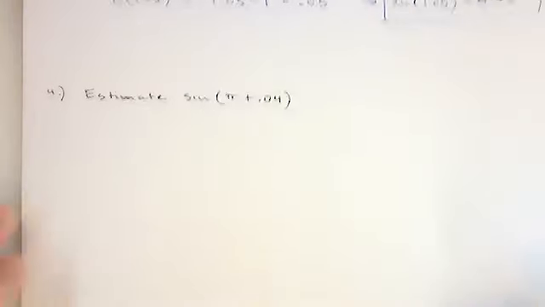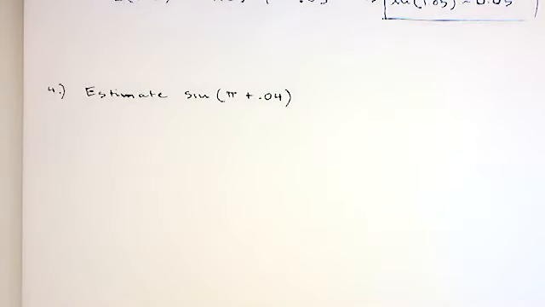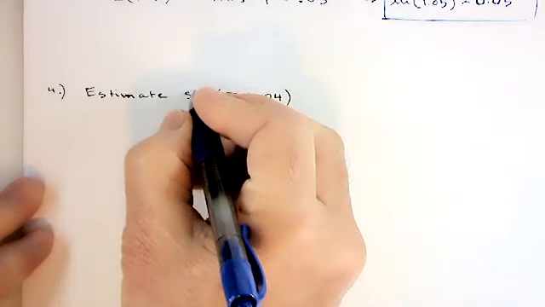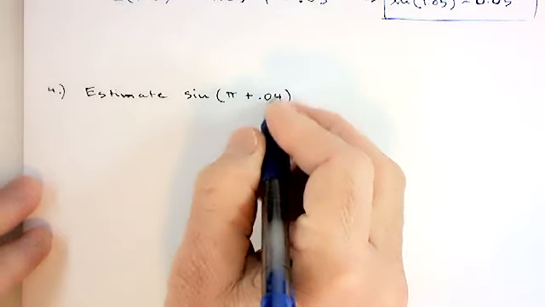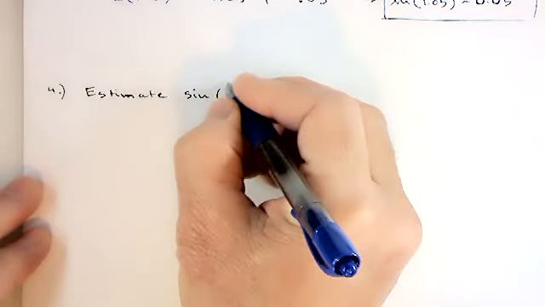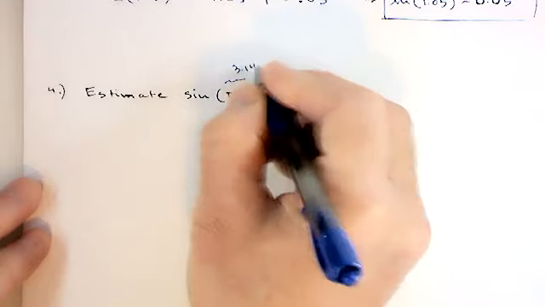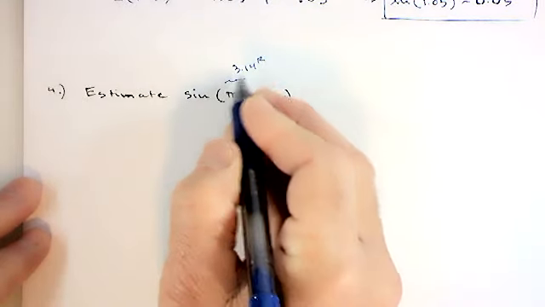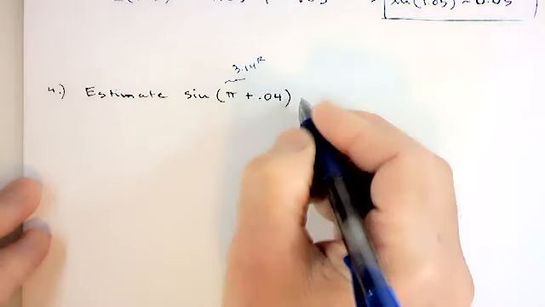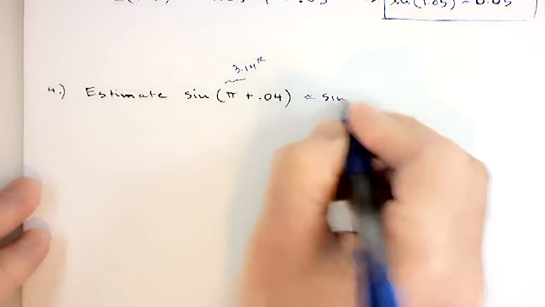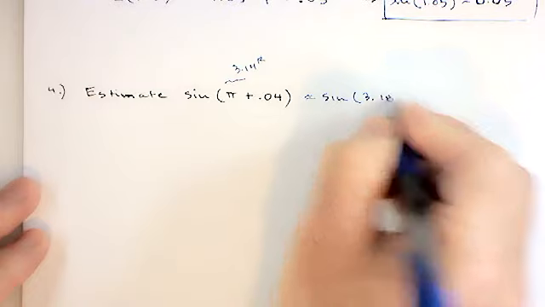And how about one with a trig value here? What if I wanted to know the sine of pi? Sine of pi you should be able to do, but what if we did just a little bit more than pi? Remember, pi is 3.14 radians. So what if somebody asked you to do the sine of 3.14 plus 0.04, which is about the sine of 3.18 radians?